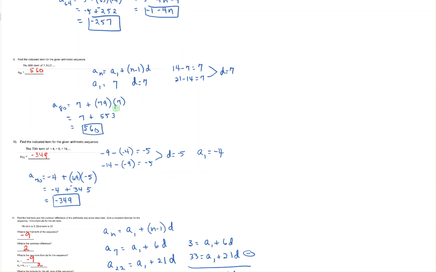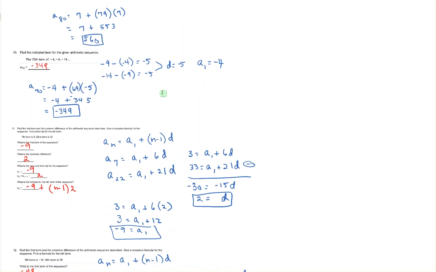All right, let's look at 9. The 80th term of 7, 14, 21. All right, number 10, the 70th term of negative 4, negative 9, negative 14. So if we do negative 9 minus a negative 4, that gives me a negative 5.